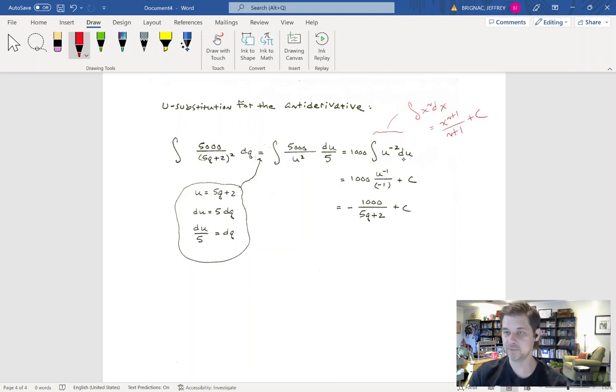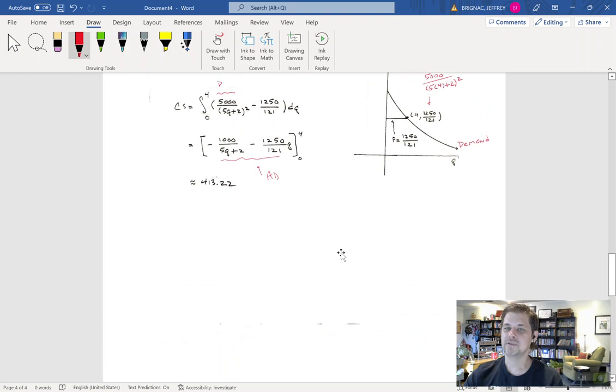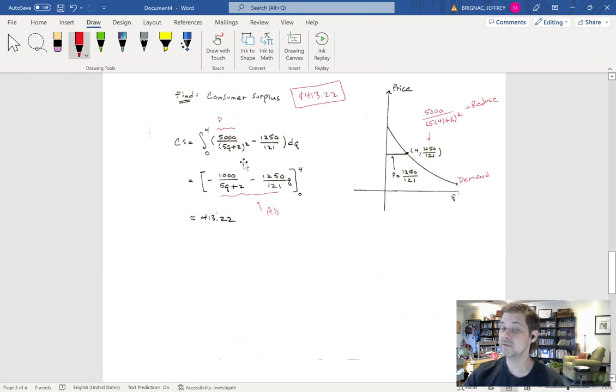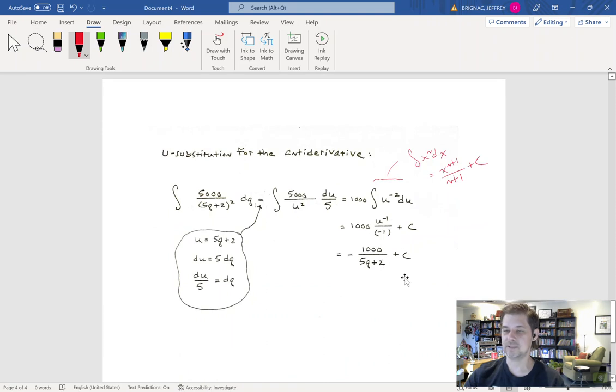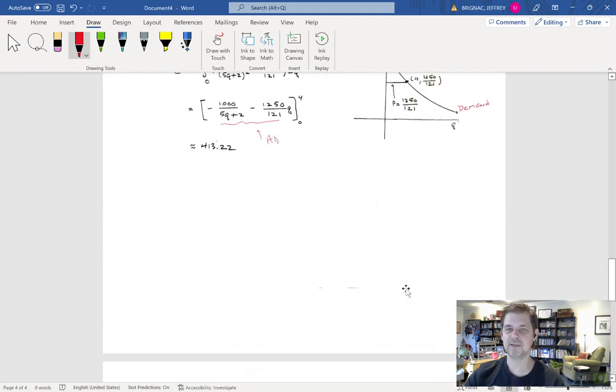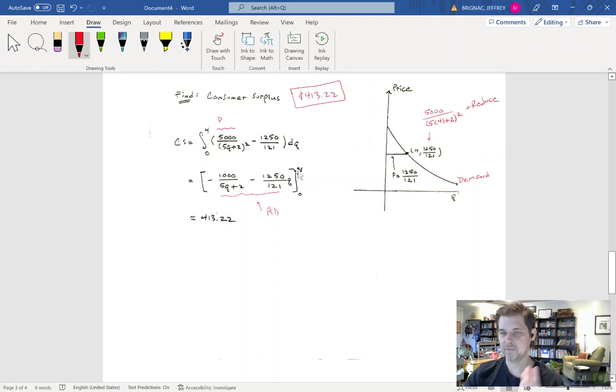It's just that the variable is u instead of x. So that will give me this and this. Now when I use my antiderivative up here to evaluate the definite integral, I can always just ignore the plus c. Even if I wrote the plus c up here, it would just cancel out when I work this out further, so we just forget about it.